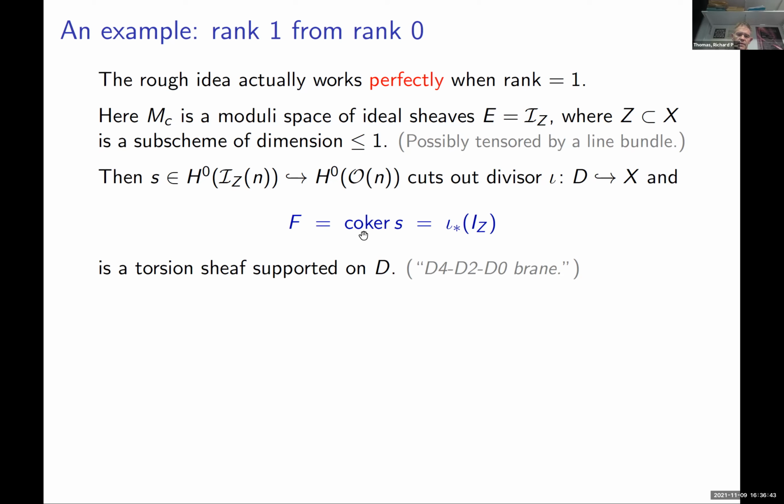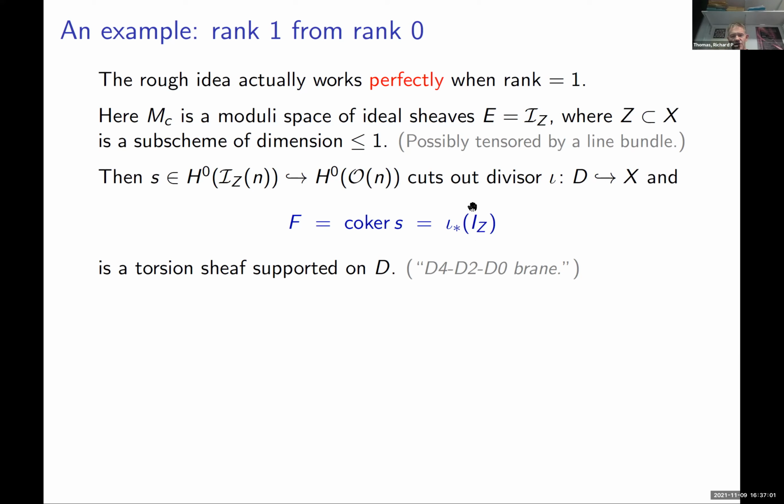So actually what these Fs are is, roughly speaking, pairs: a divisor in the linear system O(n) with a subscheme Z of dimension less than or equal to 1 of that divisor. And the actual sheaf F is the cokernel of this section.